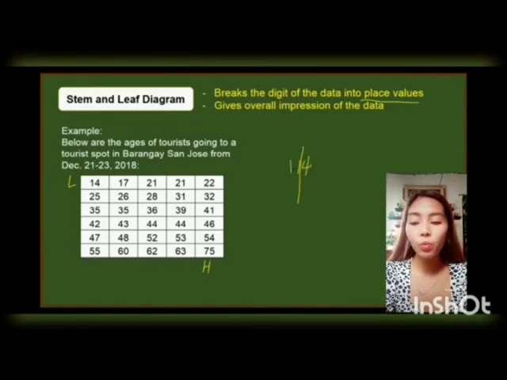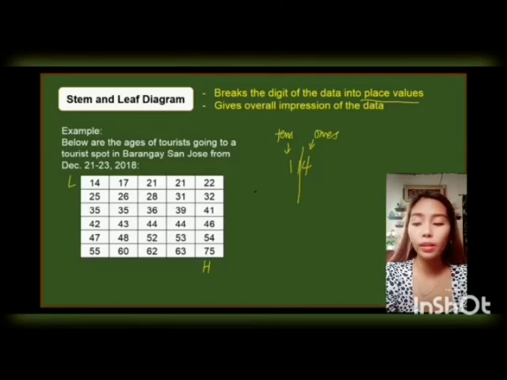The 1 will stand for the tens place, and 4 will be the ones place. It depends upon the data as to what place value will be broken. In this case, since the highest place value of all our data is tens, we will just use the tens and the ones place values.